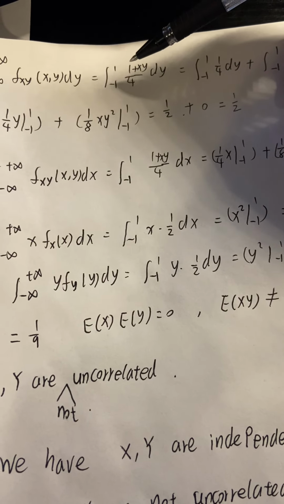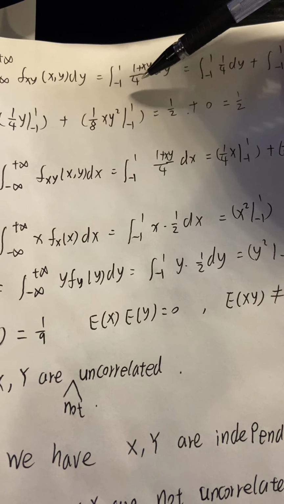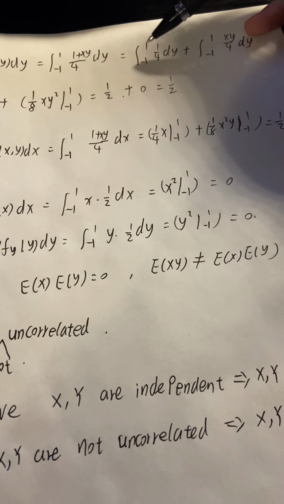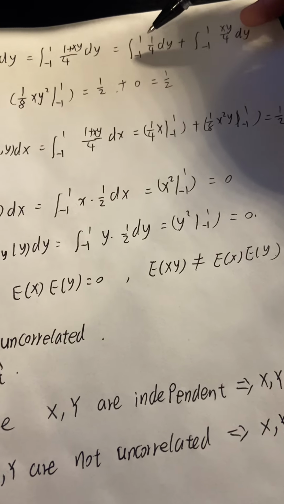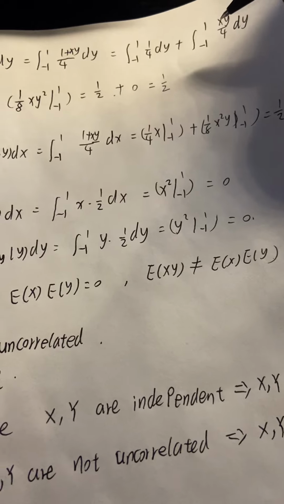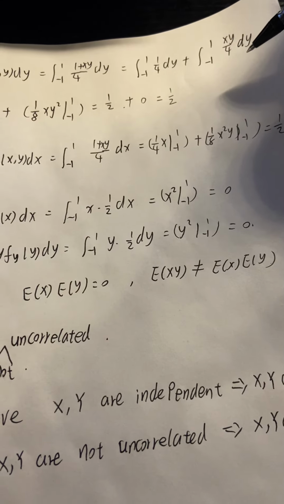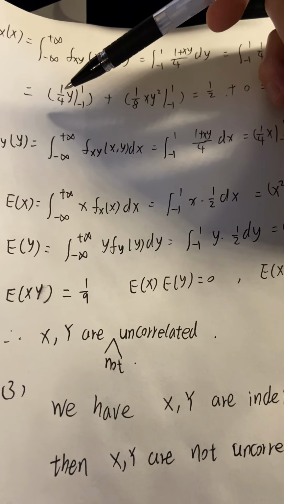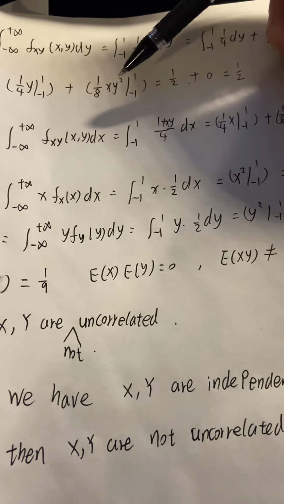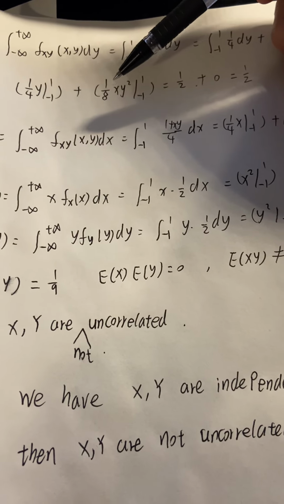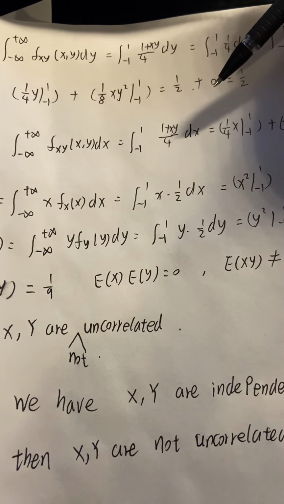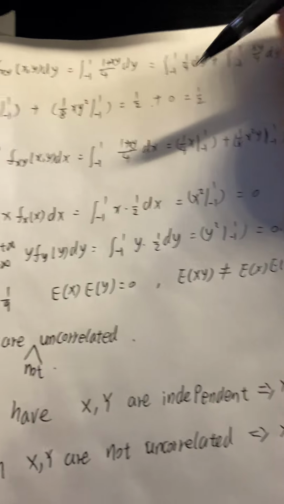The joint density function is (1 plus xy) divided by 4, so we can rewrite it as 1 over 4 dy plus xy divided by 4 dy. The first term will be 1 divided by 4 times y, where y is from -1 to 1, and it will be 1/2. The second term is 1 divided by 8 times x times y squared, where y is from -1 to 1, and it will be 0. So the final result will be 1/2.